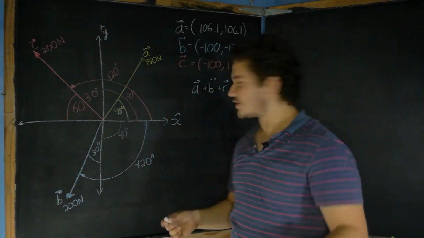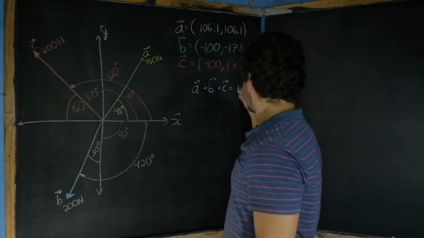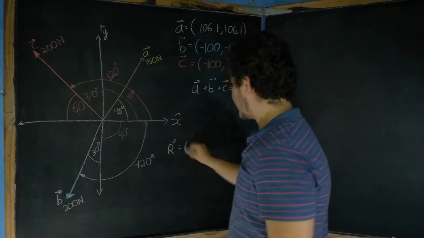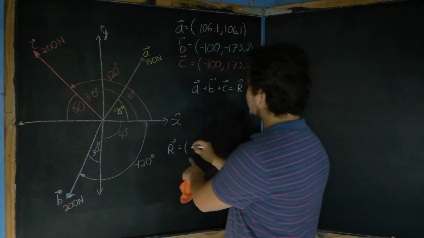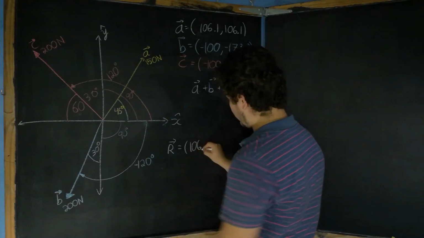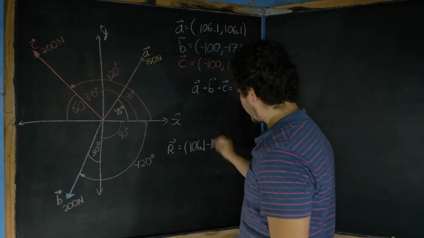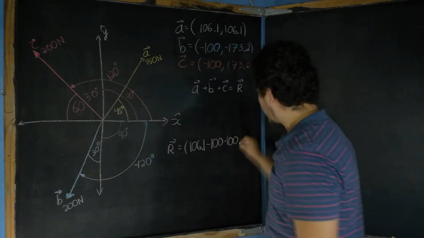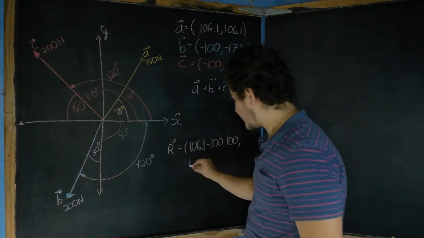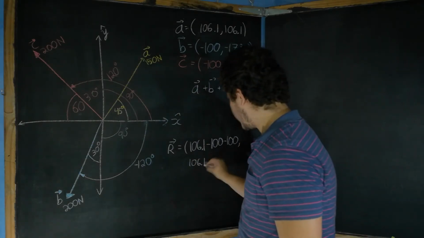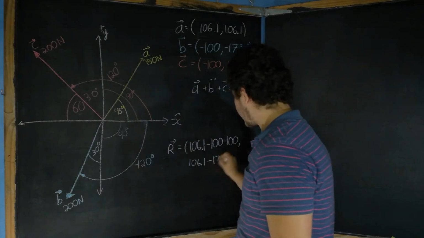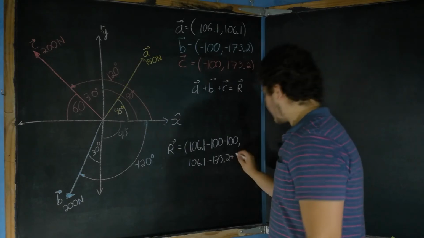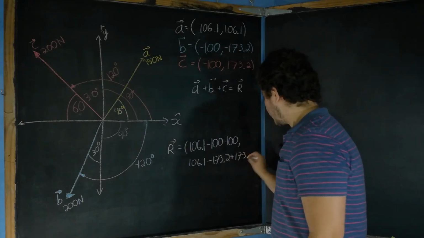So the resultant vector, let's call it r, will be equal to the addition of the three components in x, in the x direction, so 106.1 minus 100 minus another 100, comma, in the y direction we have 106.1 minus 173.2 plus 173.2.